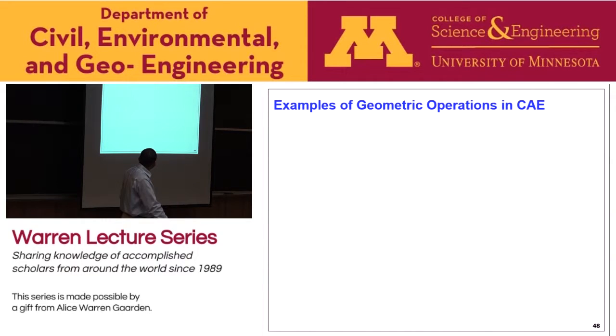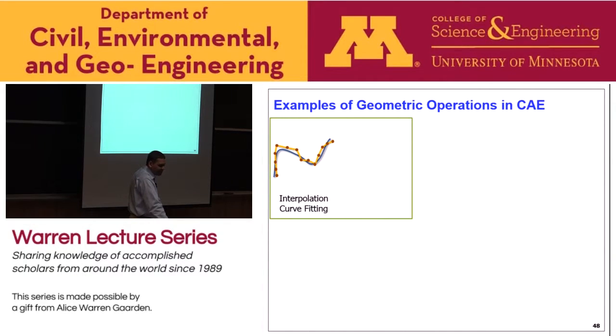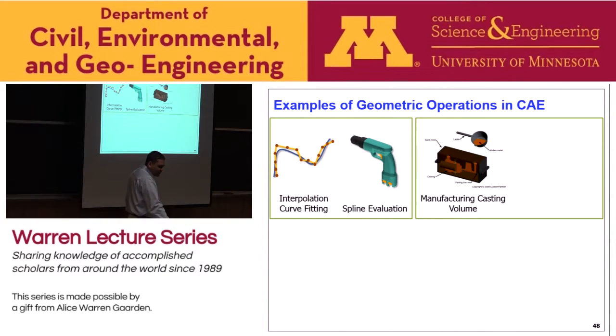A few other examples of how geometric operations can help in CIE is that I showed interpolation and curve fitting, which can be an application of spline evaluations themselves. So for example, if you want to compute the volume of castings, you need the volume and moment computations I showed before.